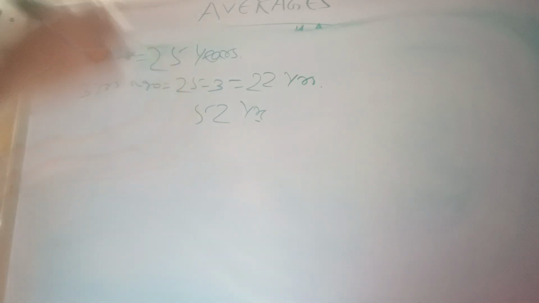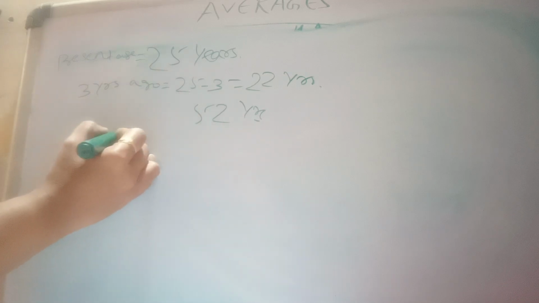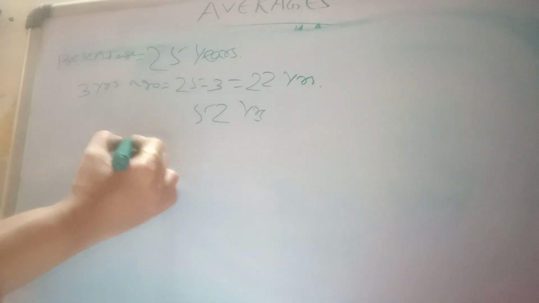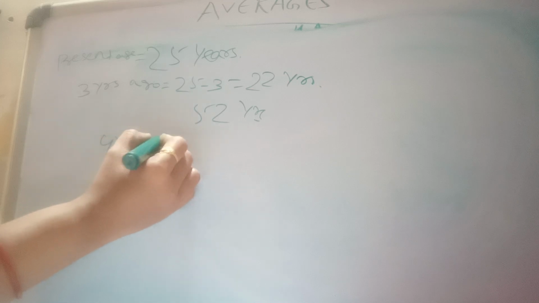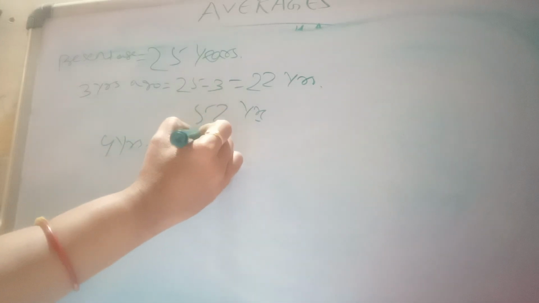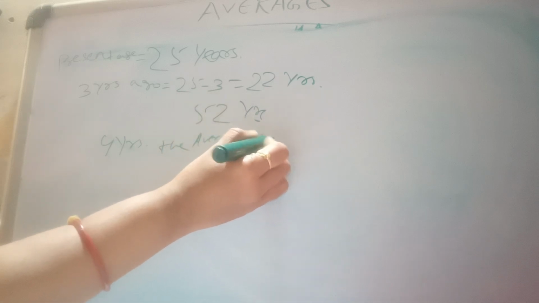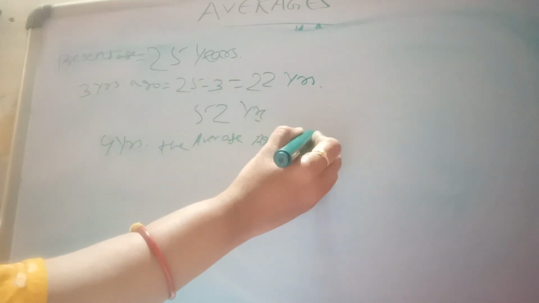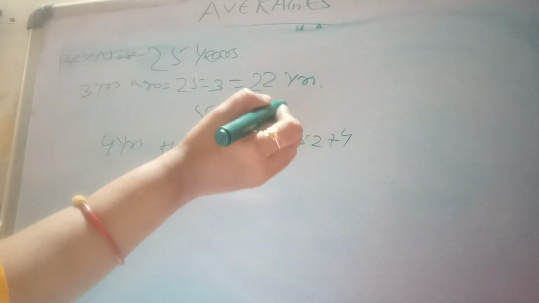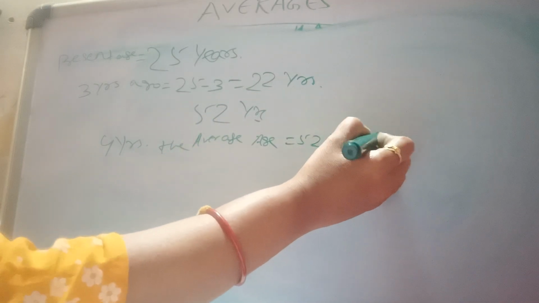Present age is 52, so after 4 years we add 4. The average age will be 52 plus 4, it will be 56 years.